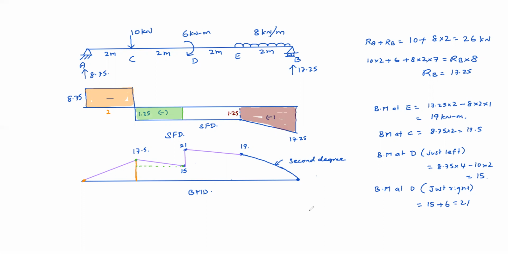So that area is 18.5. Then the bending moment there should be 18.5 only. I don't know. Yeah, this is not 19. That is 18.5. So here it is 18.5.